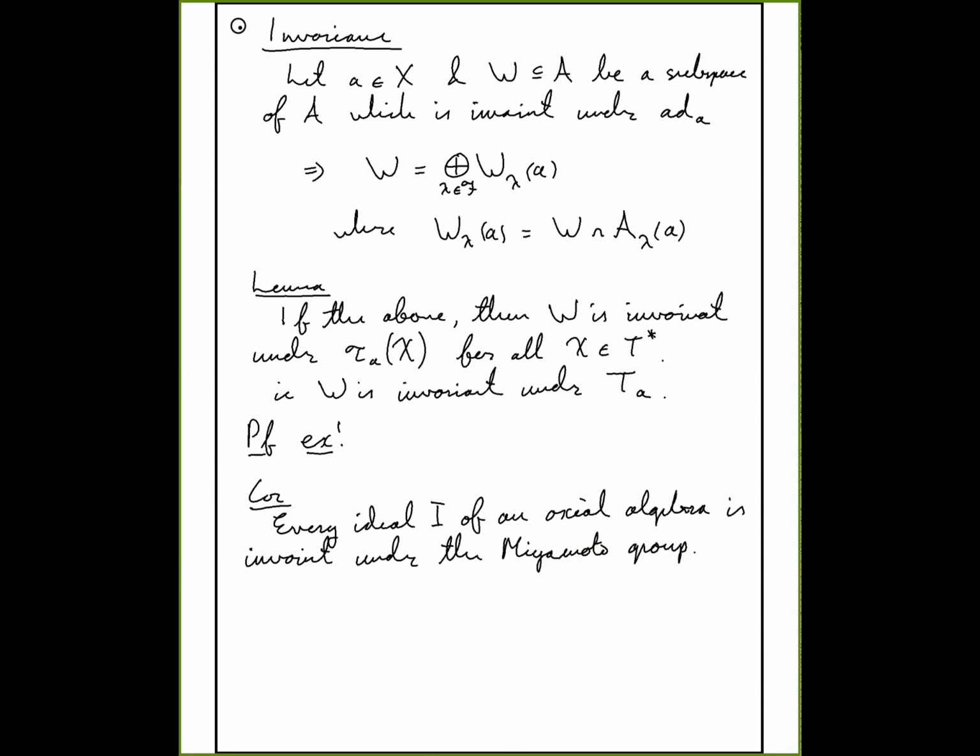So it might not be invariant under the full automorphism group. The full automorphism group may be larger than the Miyamoto group, and it may move around my ideals, but this Miyamoto group is a subgroup of the automorphism group which does preserve every ideal.